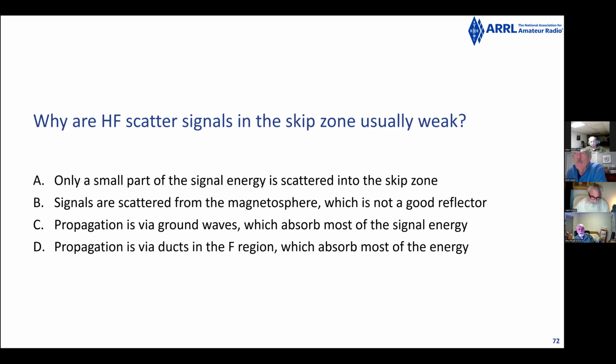Why are HF scatter signals in the skip zone usually weak? A, only a small part of the signal energy is scattered into the skip zone. B, signals are scattered from the magnetosphere, which is not a good reflector. C, propagation is via ground waves, which absorb most of the signal energy. Or D, propagation is via ducts in the F region, which absorb most of the energy.